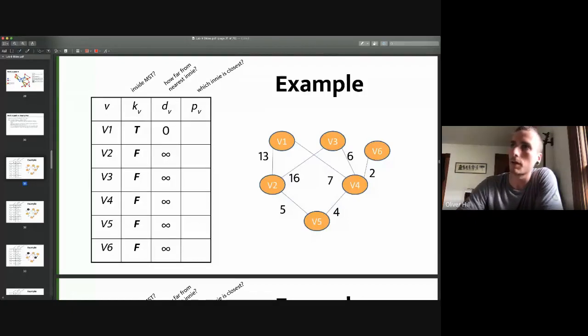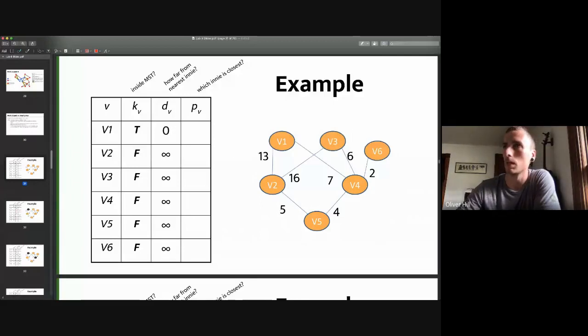How far is it from the nearest in node? It's 0 because we didn't have to travel to get there. We're just starting there. Everything else is infinity at the moment. We haven't updated anything. Which MST node is closest? This is like the parent, and it's how we determine how we added that node into our MST. So these get populated once a node joins the MST.